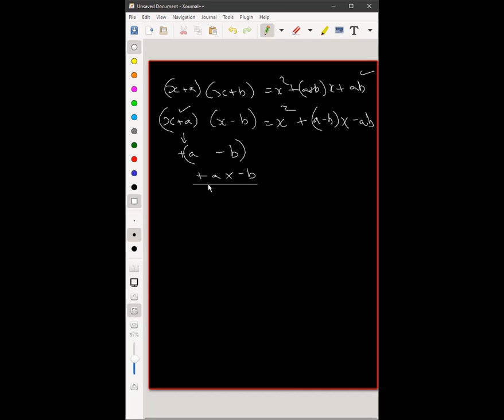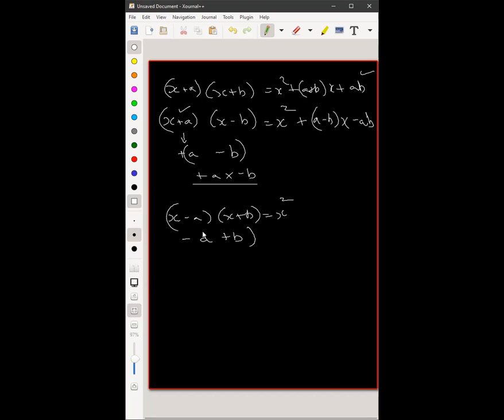Getting it? Again, let's look at another one. X minus a into x plus b. The first is x squared, no issue there. Now what do we have? We have minus a plus b. Paki, pay attention. We have minus a plus b, right?